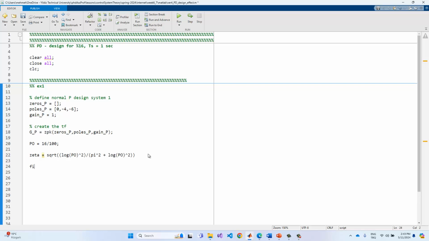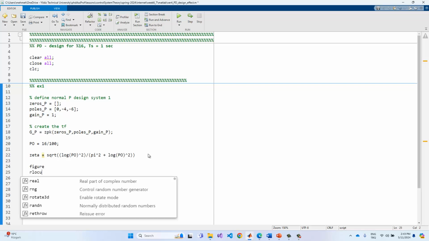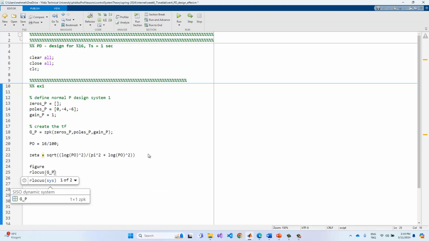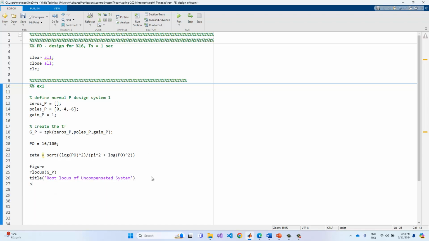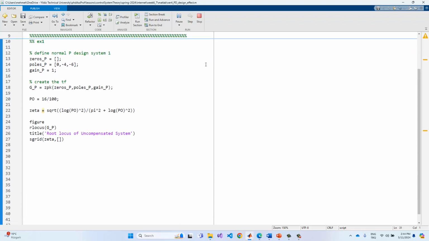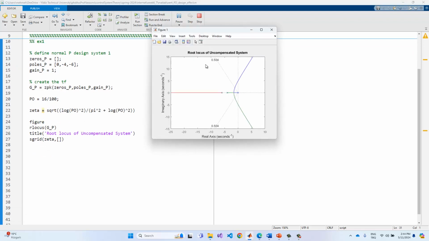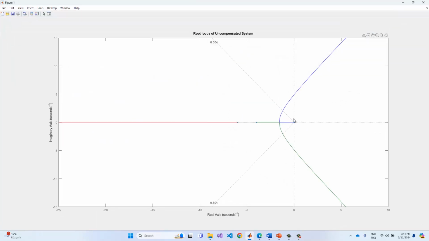First of all, the figure of the root locus should be drawn here, just like this one. The title is the root locus of the uncompensated system, with a grid for the zeta value and these terms. If I run this code, we will have these overshoot values here, just like this one.